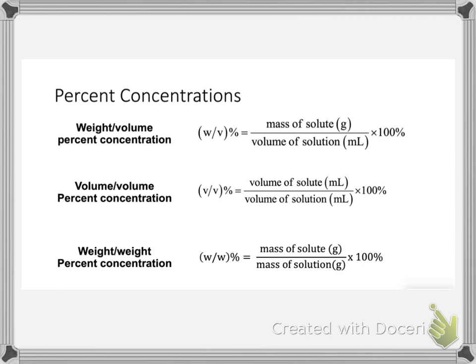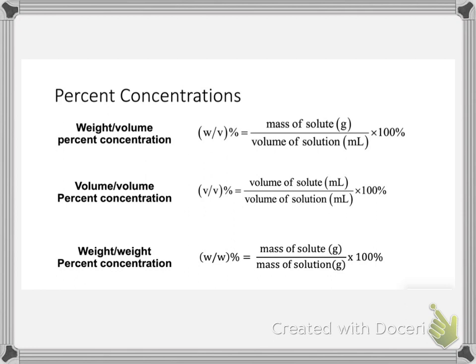So here are the 3 equations that we could use for percent concentrations. While your textbook has some others, like parts per million and parts per billion, and it might even have molality, I can't remember, I chose percent concentrations because while we don't use it in lab that often, it's really used in everyday life for commercial products.